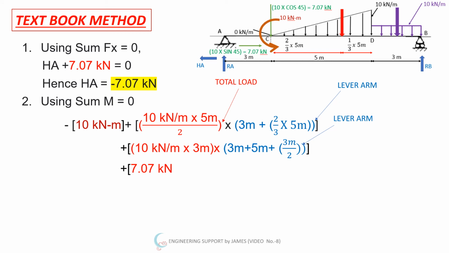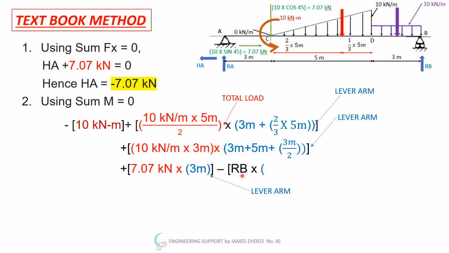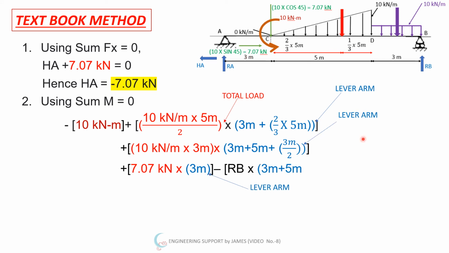Then we have the vertical force, that is 7.07 kilonewton multiplied by 3 as the lever arm. And then we consider RB, which is anti-clockwise and will produce negative moment, that is minus RB multiplied by 3 plus 5 plus 3 meter. Then we equate it to 0. After solving this we get RB equal to 40.32 kilonewton.